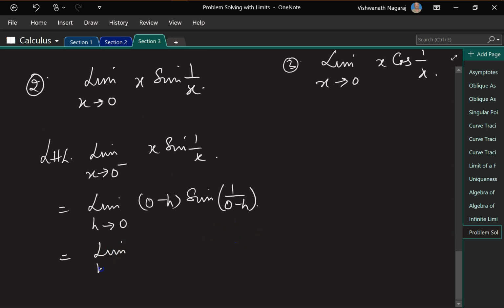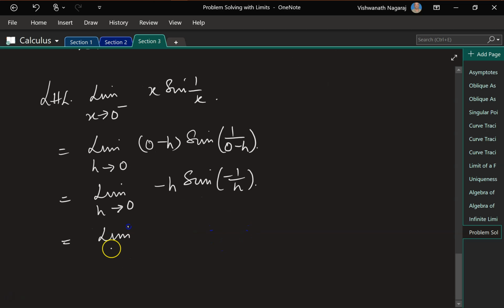We get limit as h approaches 0 of minus h sine minus 1 by h. Sine minus theta is equal to minus sine theta, so minus into minus is plus. So we end up with h sine 1 by h.